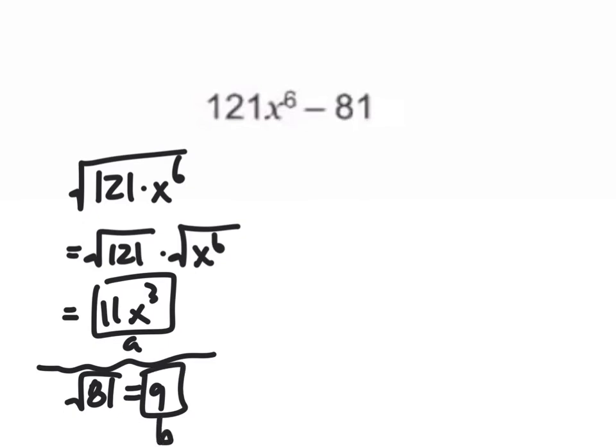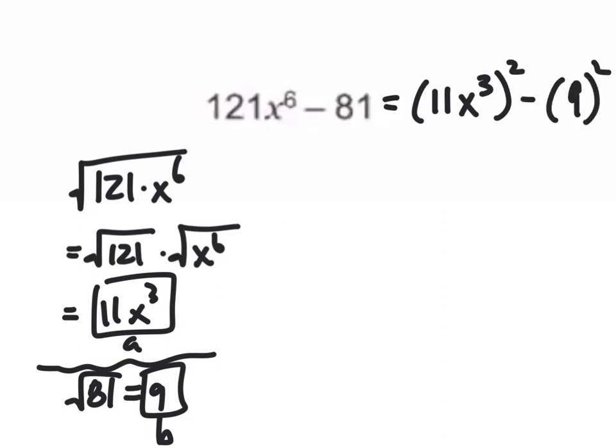So I can rewrite this as the quantity 11x cubed squared minus the quantity 9 squared. And because I have both of those quantities squared, and I have the difference of them, I can factor them using the difference of squares.